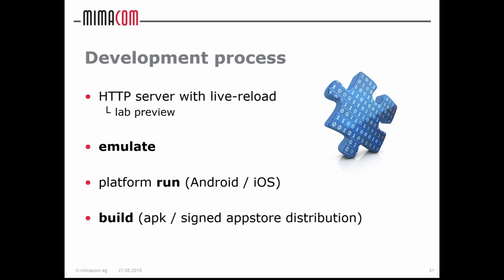Both of these, and the platform run also runs the application on an Android or iOS device that is connected to your computer, so you can really quickly see how the application behaves in the emulator or in the real device. With the tooling, you can also build an APK bundle, or you can make the bundle ready for App Store distribution.